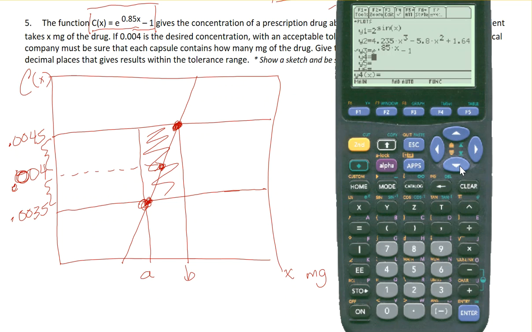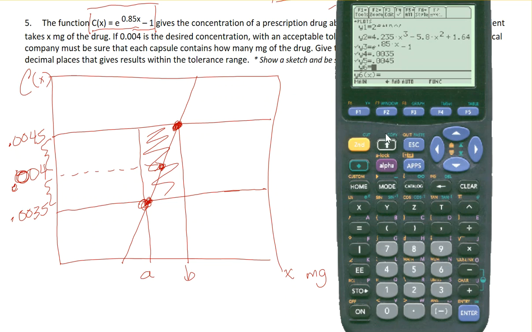And I want to just put in those two horizontal lines. So the bottom one, I remember Y is always a constant, is a horizontal line. So I simply want to put in 0.0035 for one horizontal line and 0.0045 for the upper boundary.